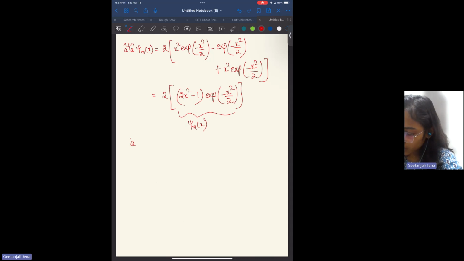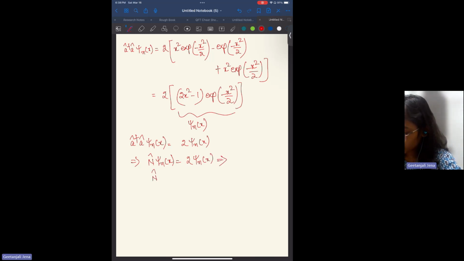So what we got is a dagger a psi x equal to 2 times psi x. A dagger a is nothing but n. So n acting on an eigenfunction gives 2 times that eigenfunction. So that means if you compare it to this expression, you will get n equal to 2, right?